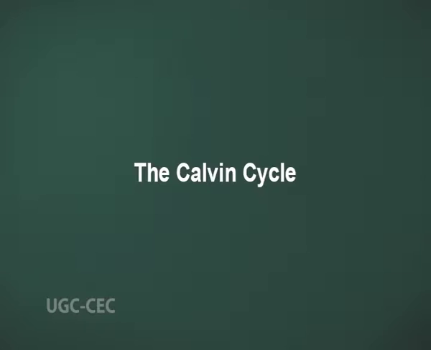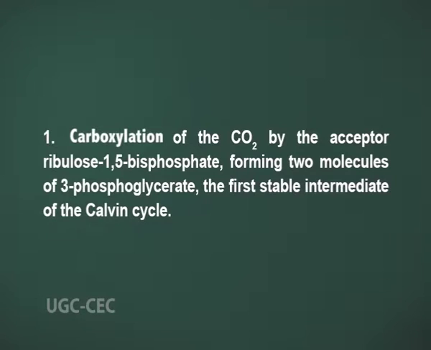There are three phases to the carbon fixation cycle, which is also collectively called the Calvin cycle. The first is the carboxylation of the carbon dioxide by the acceptor ribulose 1,5-bisphosphate, forming two molecules of 3-phosphoglycerate, the first stable intermediate of the Calvin cycle.